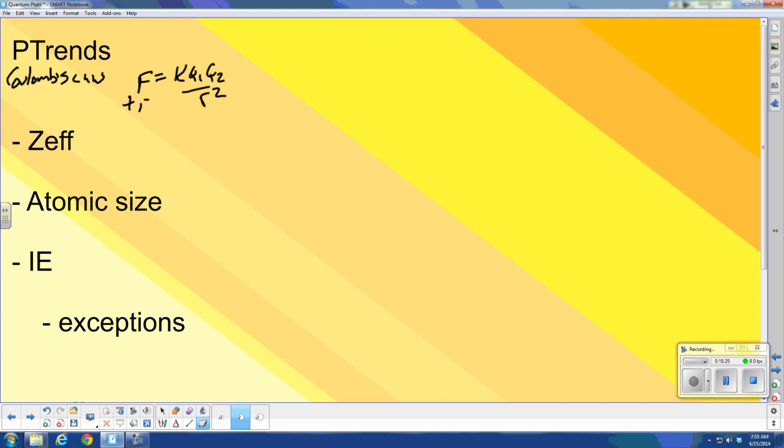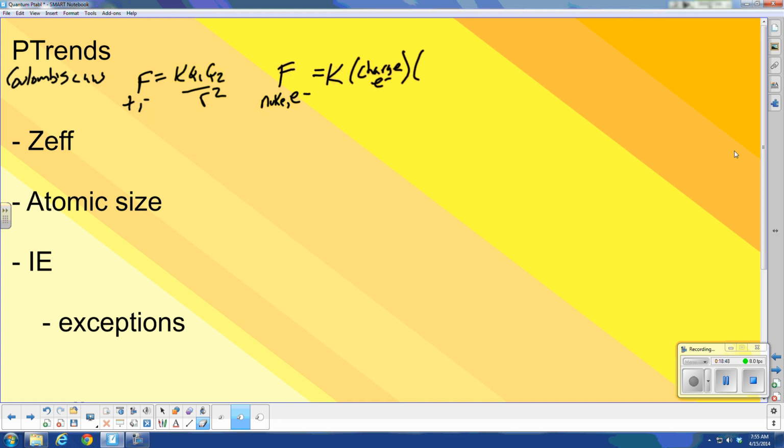Now, how does that relate to an atom? Well, with an atom, it's really a force of attraction between the nuke and the electron. Now, this K stays the same. We don't care about it. It's just a constant. Now, Q1, we can think of that as the charge of your electron. And Q2, we can let that be the charge of your nucleus.